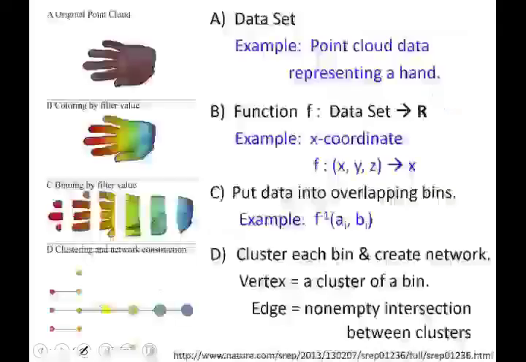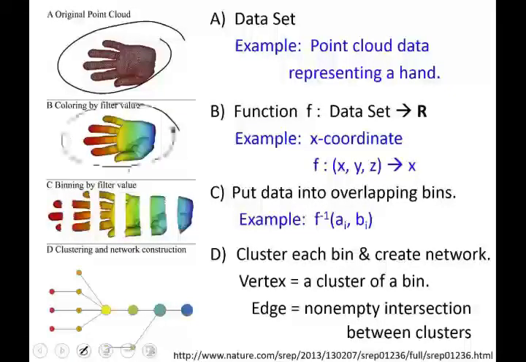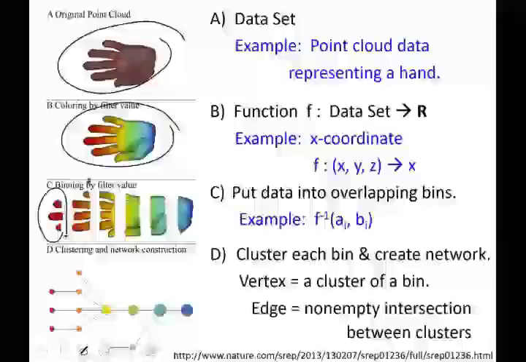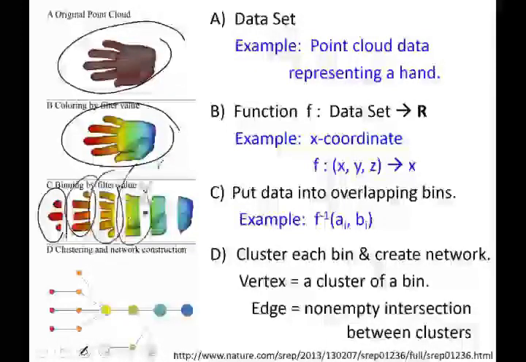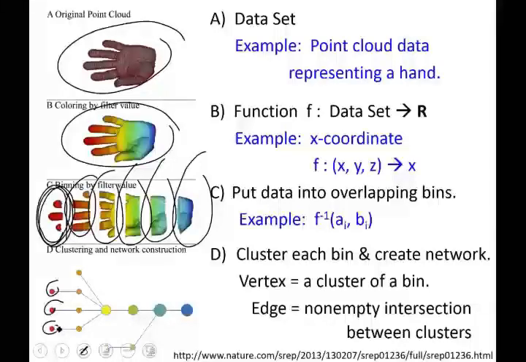So the idea, to summarize, is we take our data set, color it by filter value, and use that to bin our data into overlapping bins. Then we cluster each individual bin, and each cluster is represented by a vertex.